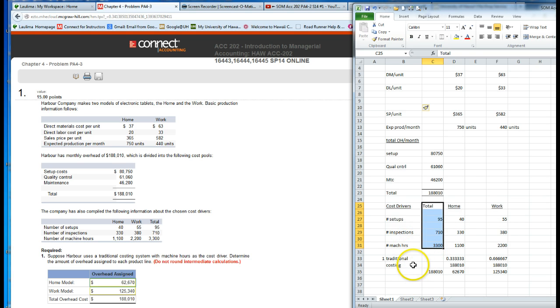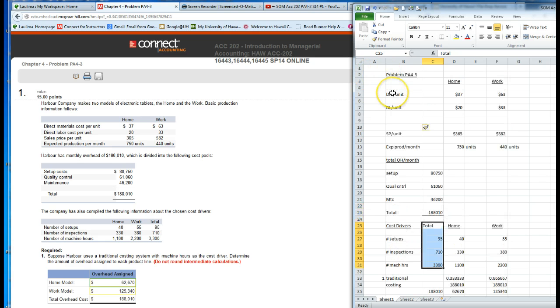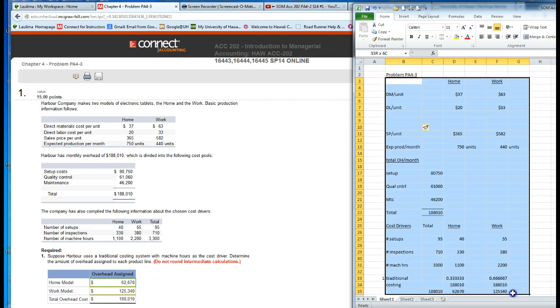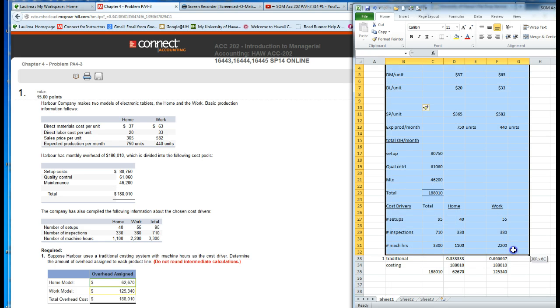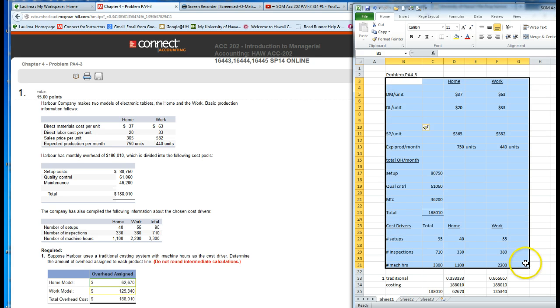Okay, now so basically, this information here that I have painted in on my spreadsheet is information that's all in the problem.